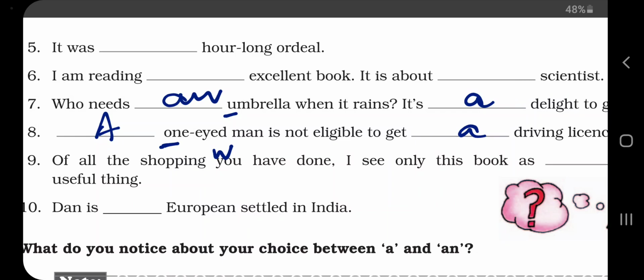Of all the shopping you have done, I see only this book as a useful one. U is a vowel, but the pronunciation is y. Will it be an or a European? It will be a, because the sound of European is y, not e. We do not say an European, we say a European.